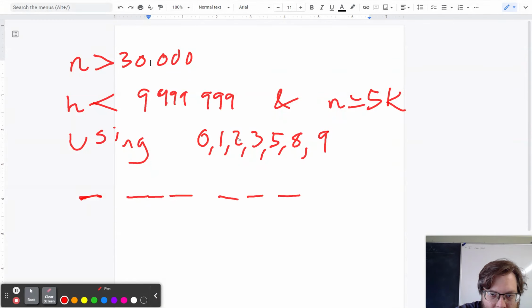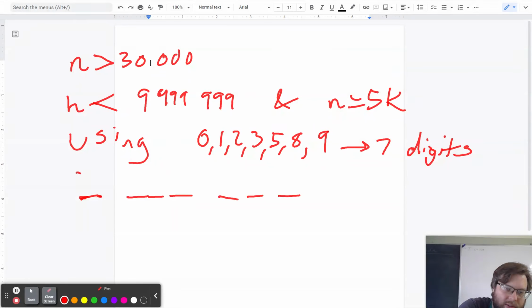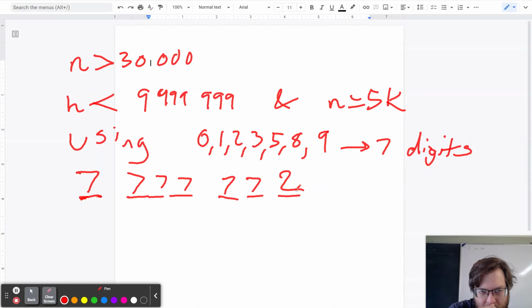We're using 1, 2, 3, 4, 5, 6, 7 different digits. Okay, so there are 7 options for the first one because it could be any of those numbers there. 7 options for the second one, 7 options for the third one, 7 options, 7 options, 7 options, and then just 2 options right there.